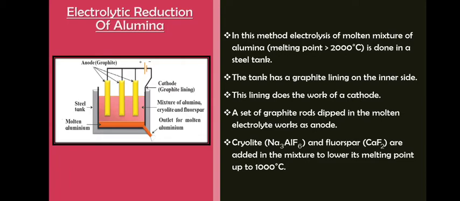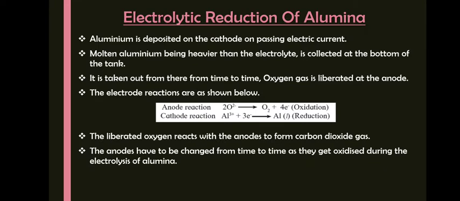Cryolite and fluorspar are added in the mixture to lower its melting point. Whose melting point? The solution's melting point. So you are putting a mixture of alumina, cryolite and fluorspar. Followed? Then aluminium is deposited on the cathode on passing electric current, because aluminium is positively charged.